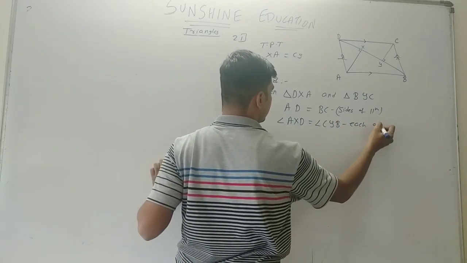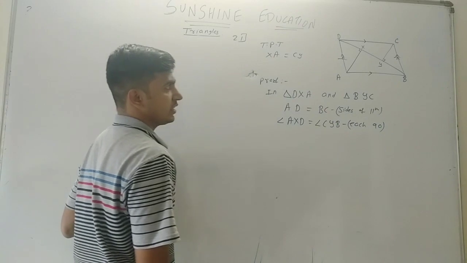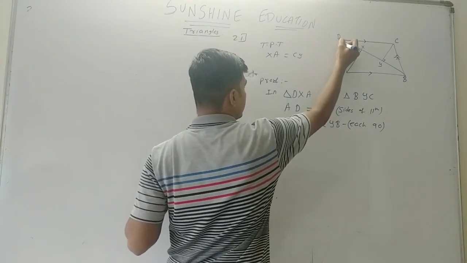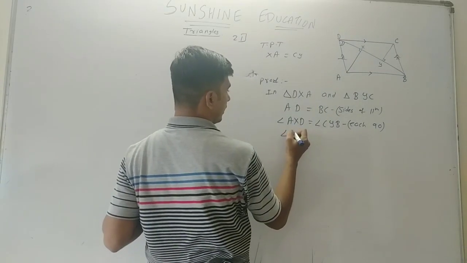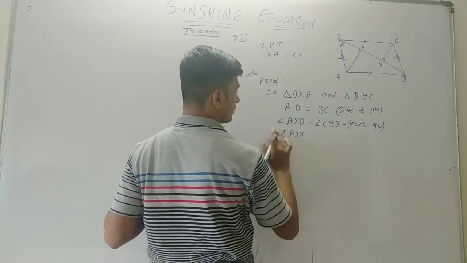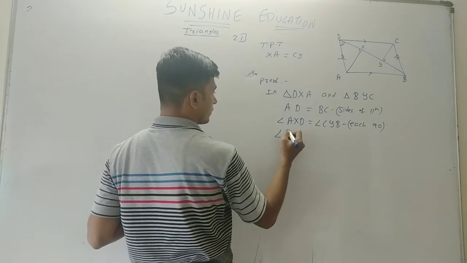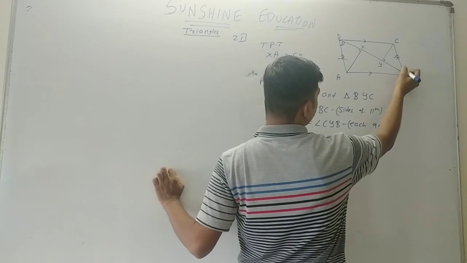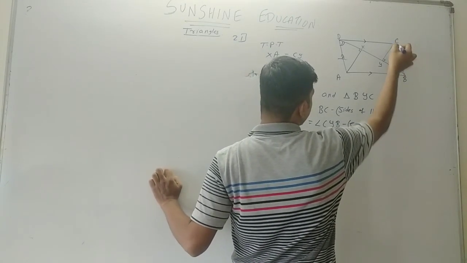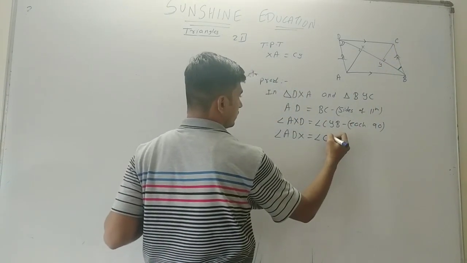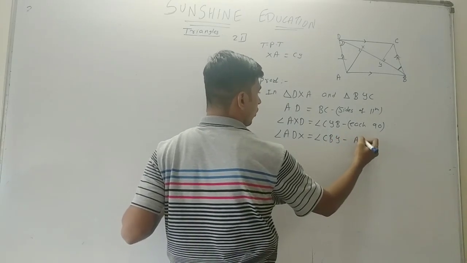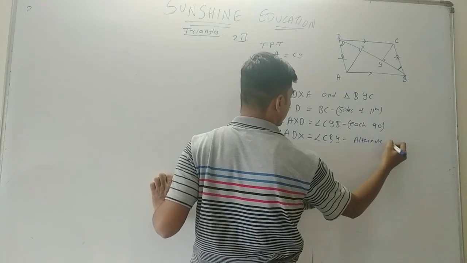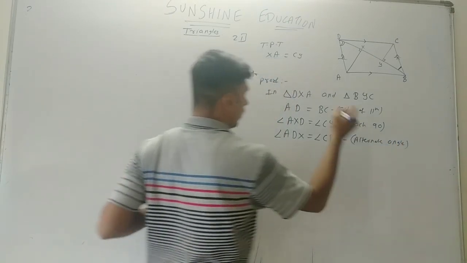It is each 90 degrees, and angle ADX is equal to this angle, that is CBY. Can you guess the reason? It is alternate angles.